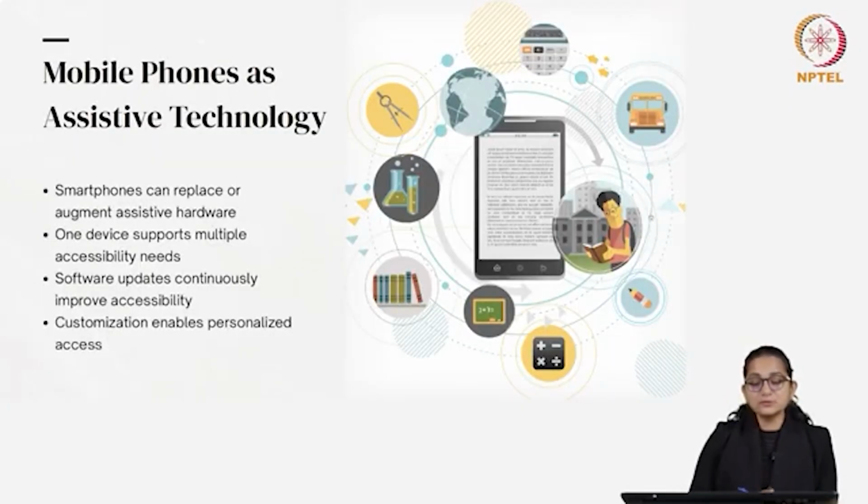So smartphones can replace or augment assistive hardware, primarily because they can support multiple accessibility needs. They have software which can be continuously improved. Customization is possible and personalized access is possible using mobile technologies.